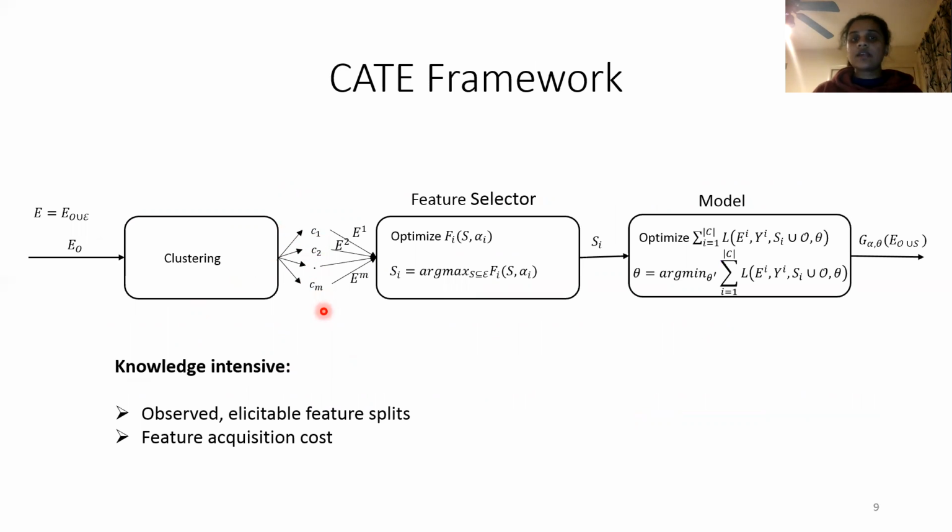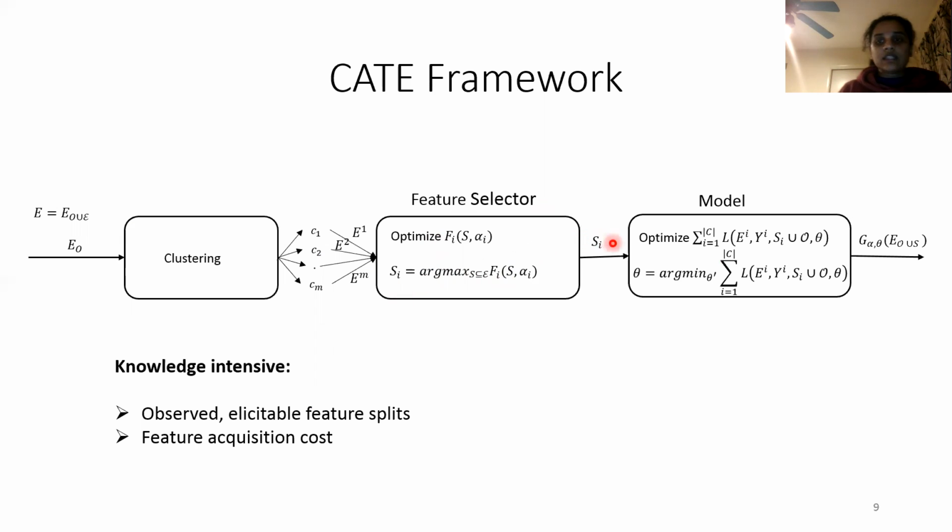Once these various clusters are identified, the feature selector module optimizes a particular objective function, which I'll address in my next slide, and identifies the important elicitable features for each of these clusters.